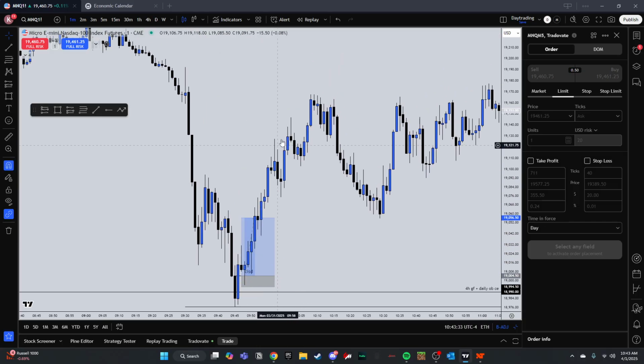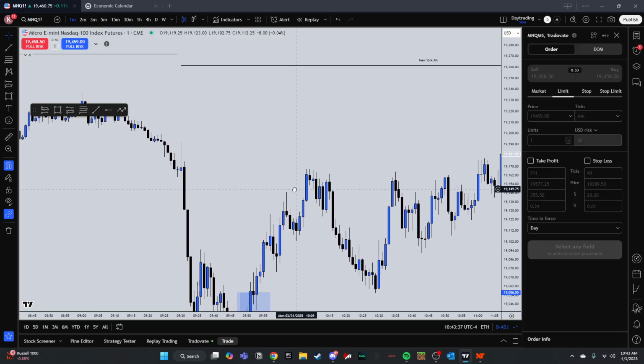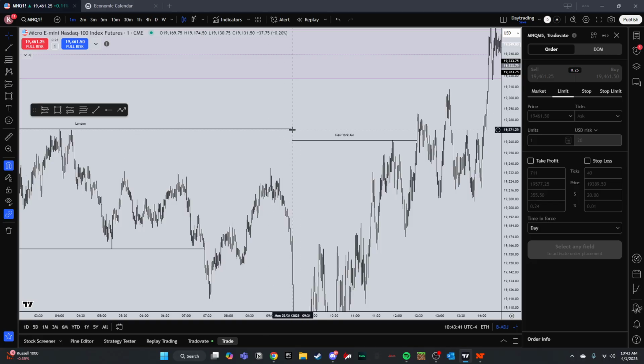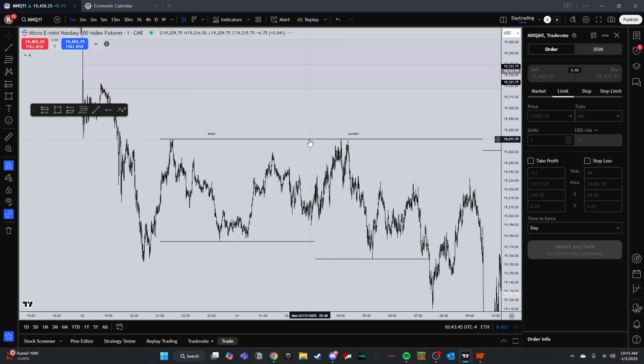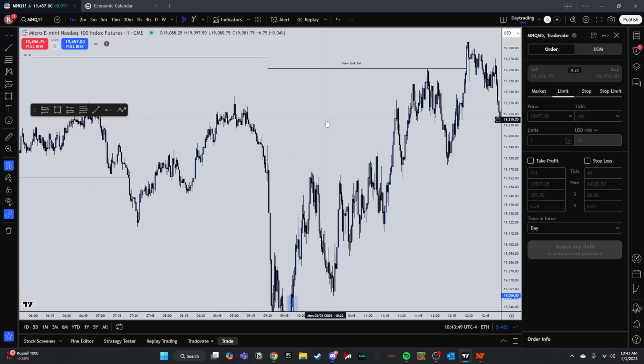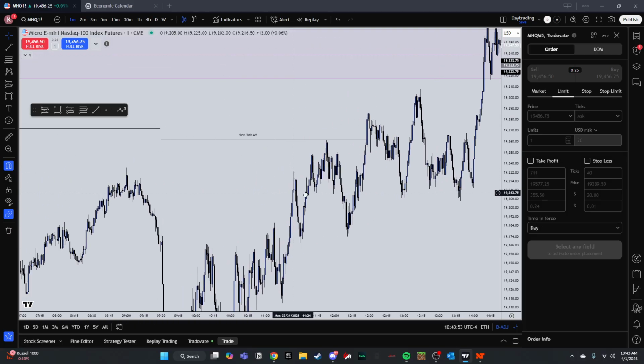And then after that, it just rocketed. Took our TP at 50 points. Even though our draw that we had was gonna be the London high, because we had equal highs at the London high and the Asia high. So those equal highs gave me very high confluence as being our drawn liquidity.